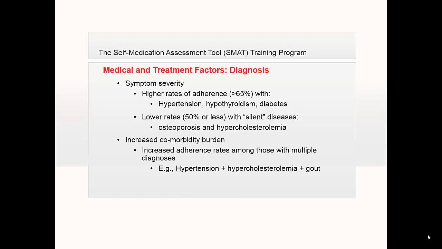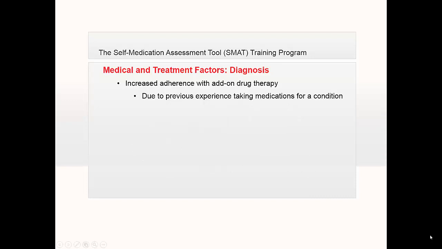There are also increased adherence rates among those with multiple diagnoses, for example, having been diagnosed with hypertension and hypercholesterolemia and gout. There is also increased adherence with add-on drug therapy due to previous experience taking medications for a condition.